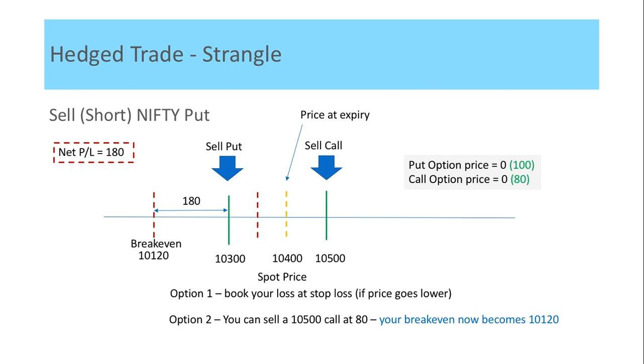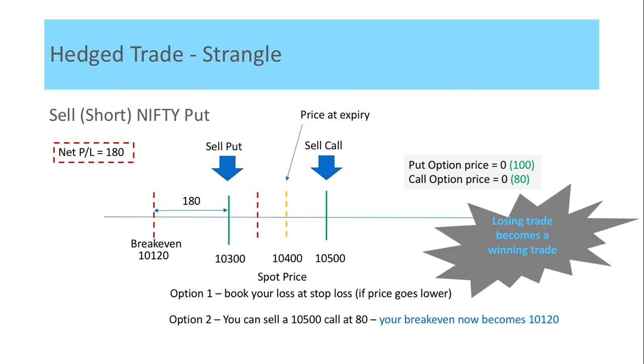And the collective intrinsic value will result in a P&L of zero if the spot price were to expire at 10,120. But during the life of the trade, options carry both intrinsic as well as extrinsic value. So during the life of the trade, we have to see that if the collective P&L is very close or it's coming to a point where it's triggering our stop loss, then we have to stop out the trade and get out.